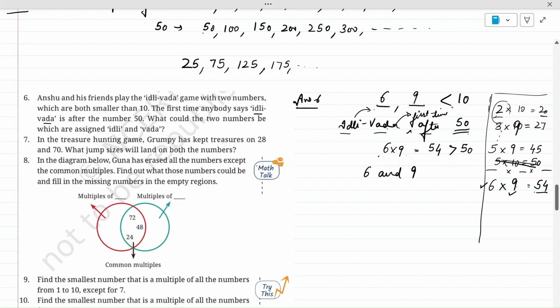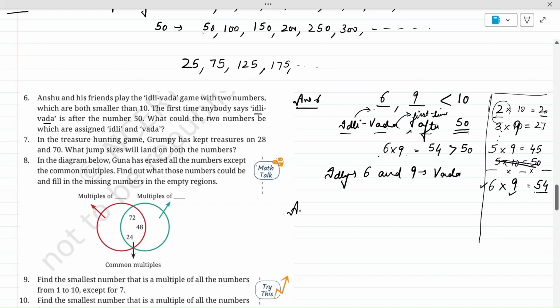Both numbers are less than 10 and their product, 54, is the first time idli vada would be said. So again I'm writing here, for idli it is 6 and at 9 vada would be said. These will be repeated on their multiples: idli on 6, 12, 18 and so on, and vada on 9, 18, 27 and so on. So this is done.